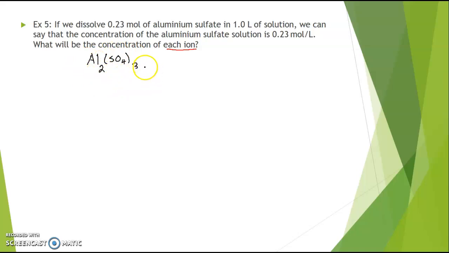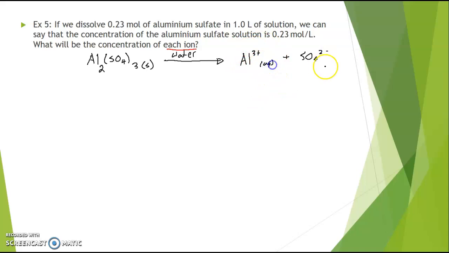This compound is an ionic compound, so it exists as a solid at room temperature. As soon as we mix it into water, that's what the arrow is, it's going to break apart, or dissociate, into its individual ions. So we have aluminum ions and sulfate ions. Now, what's the state here?